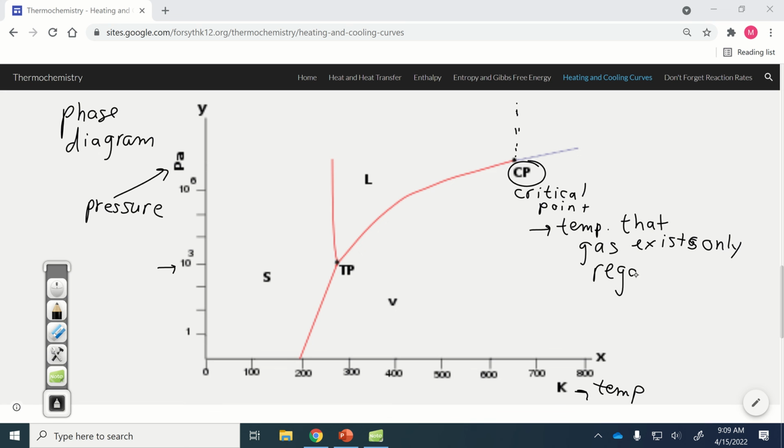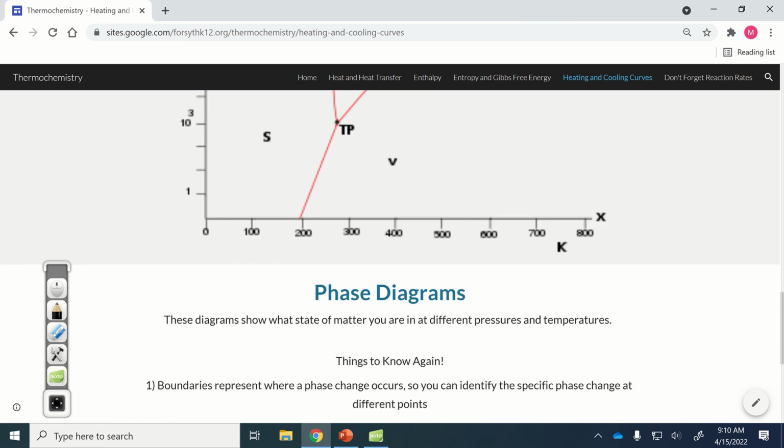Even if I keep trying to apply more and more pressure, the temperature is so high, the particles are moving so fast that they can only be in the gaseous form. That's why we talk about the critical point. From this point on, we're always gas. We're always vapor.